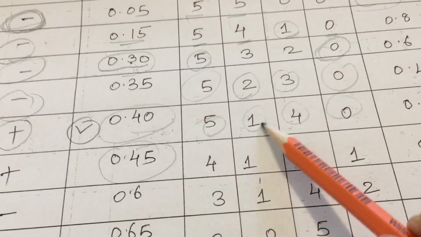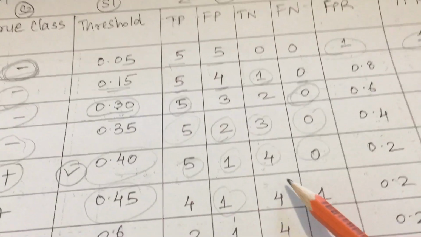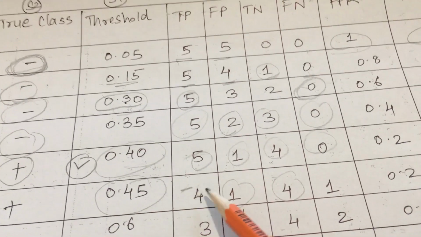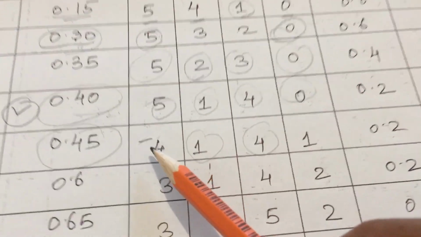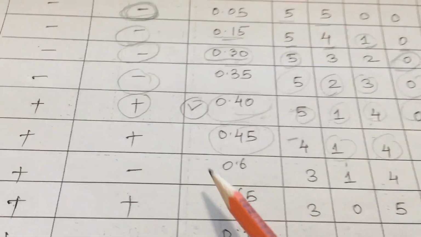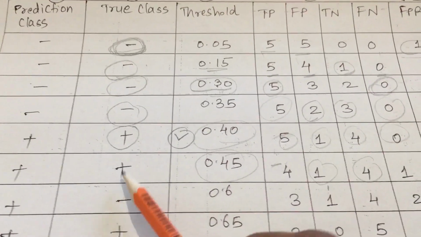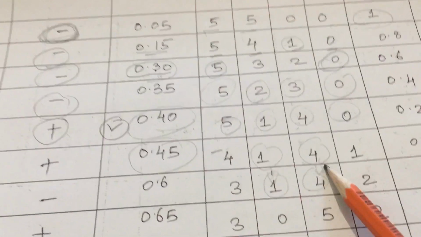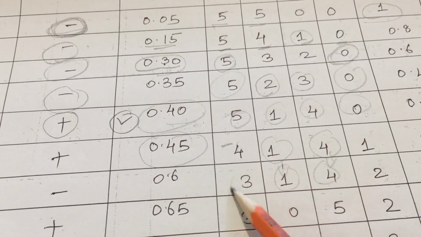So what we do is we keep the FP and TN as they are, we decrement this 5 by 1 unit and we increment FN by 1. Similarly for this, that is positive, we keep this value as it is and this value becomes negative, and here we just increment.